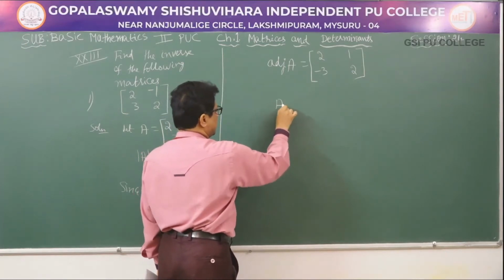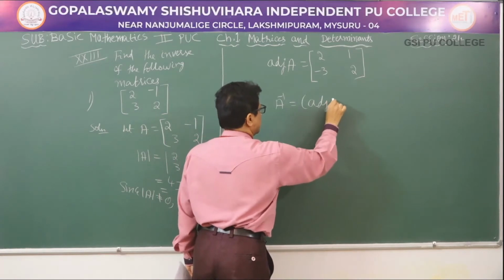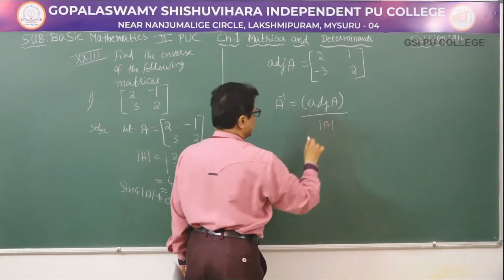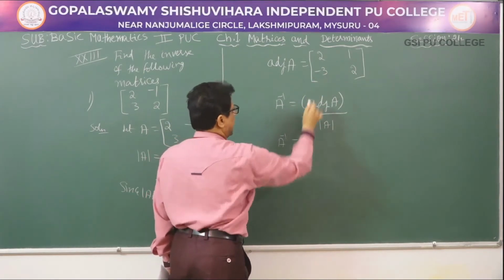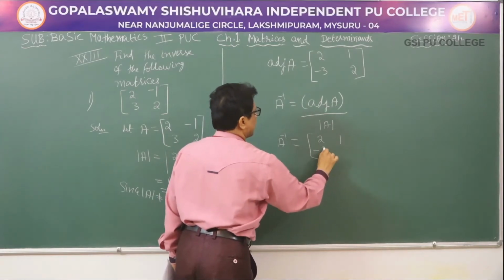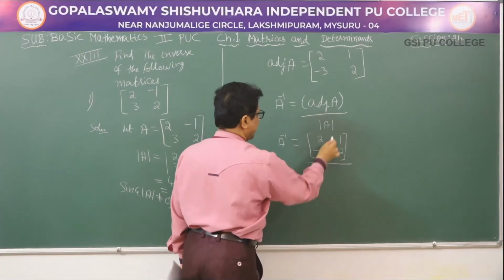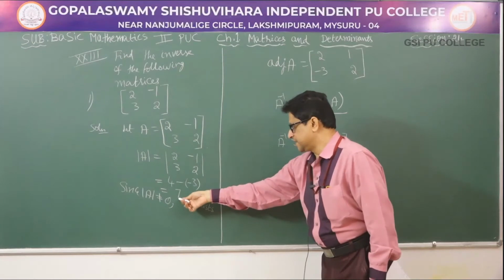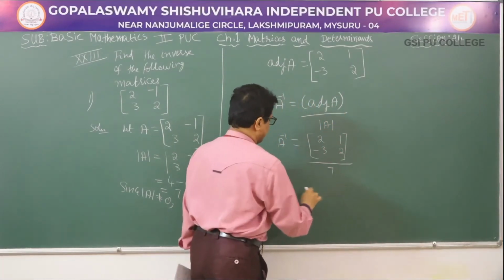We know that A inverse is given by adjoint A by determinant A. So, A inverse is equal to adjoint A, which is 2, 1, minus 3, 2, divided by determinant A. The value of the determinant is 7, so divide by 7.